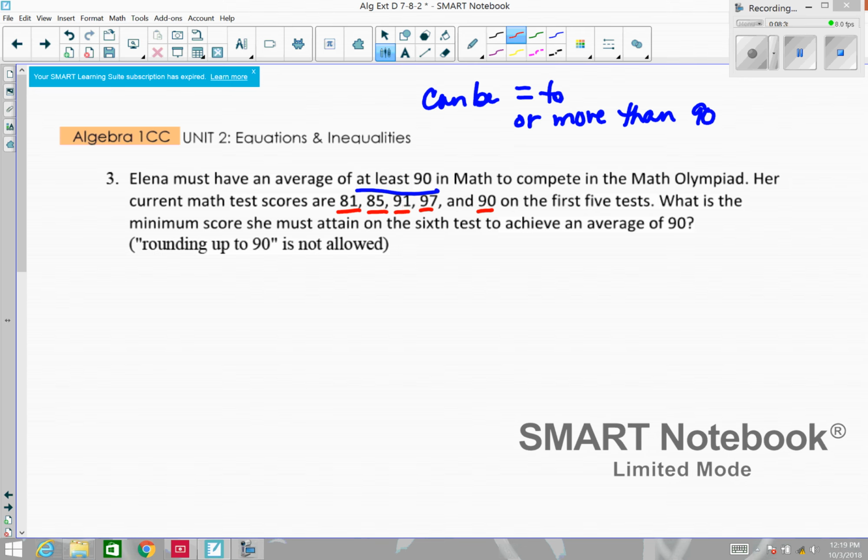So what we need to remember is how we find the average of any scores. So let's just review that part first of all. To find the average, and since we're going to be finding the average of 6 test scores, we'll talk about finding the average of 6 numbers.